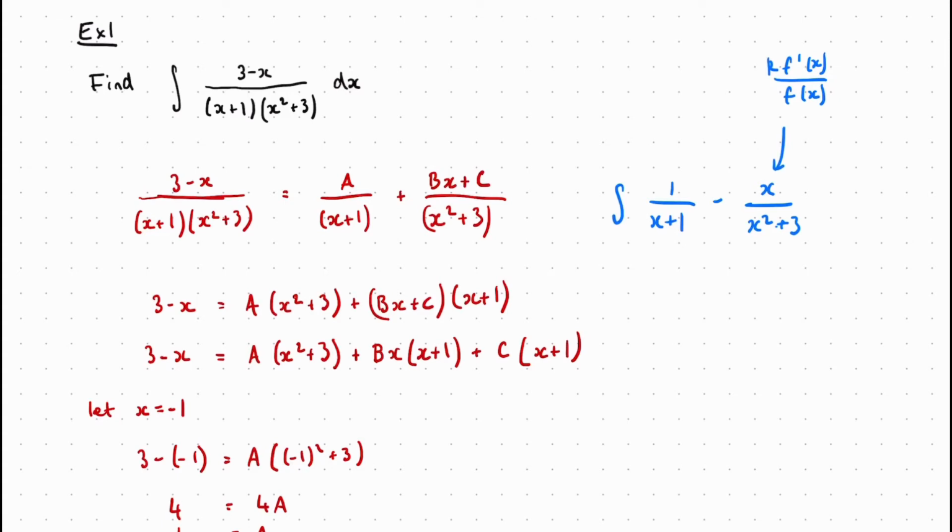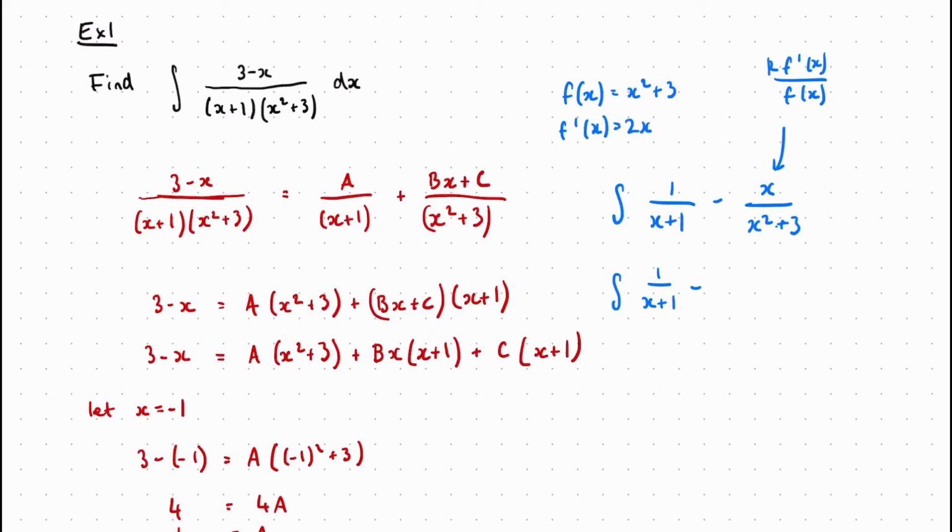So we're going to split this into the integral of 1 over x plus 1 minus, so if f of x is equal to x squared plus 3, the derivative would be 2x.